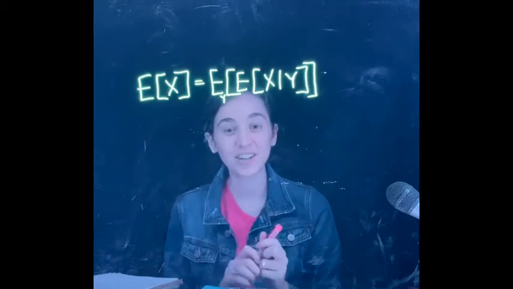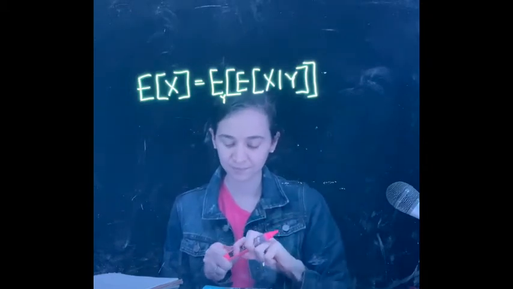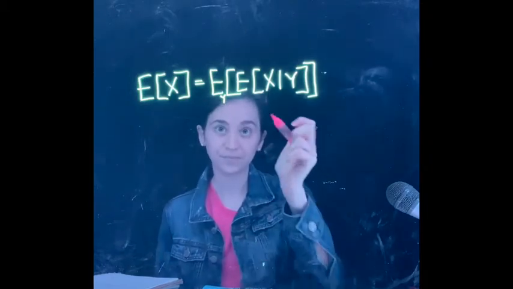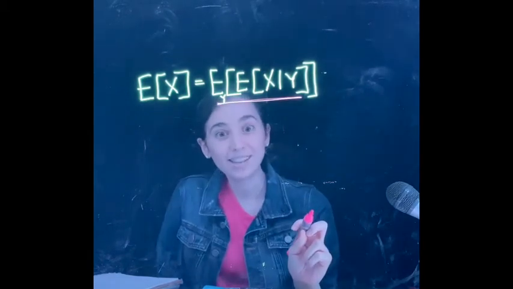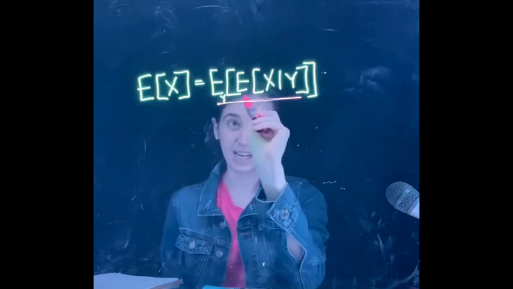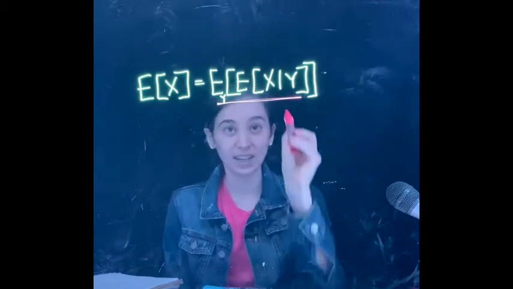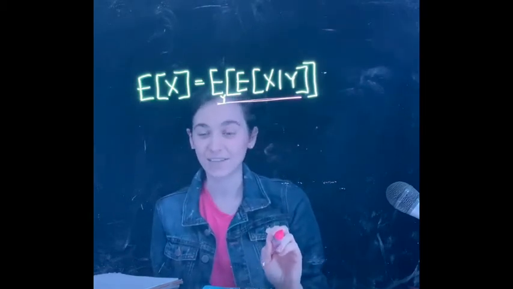I'm going to show it in the discrete case, but it turns out it's also true in the continuous case. Let's start with this part here. What is the expectation with respect to y of the expectation of x given y? Let's start with the inside part, the expectation of x given y.